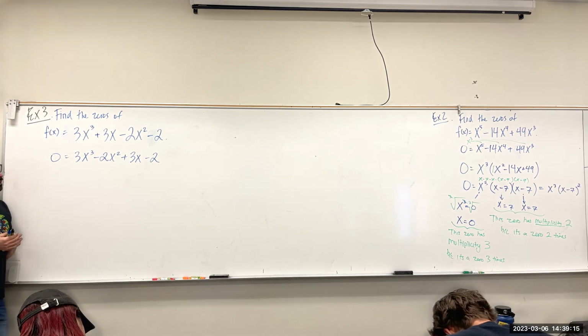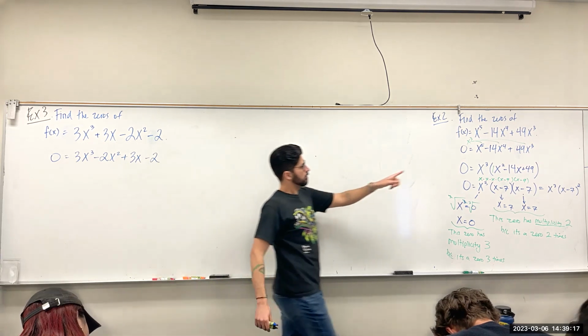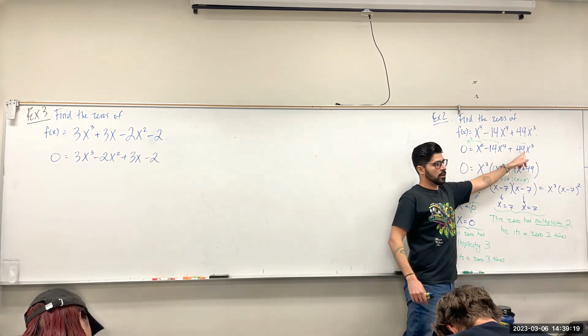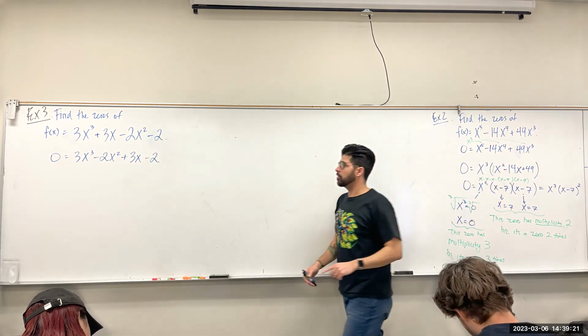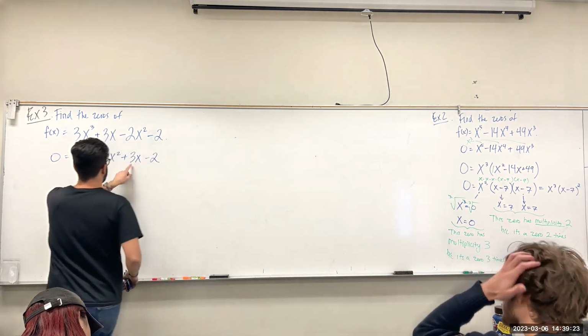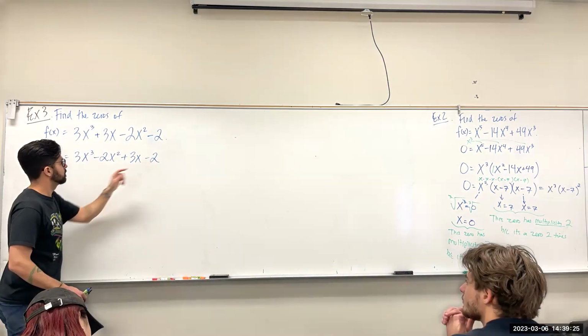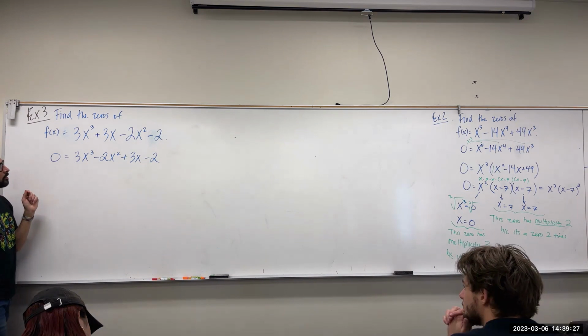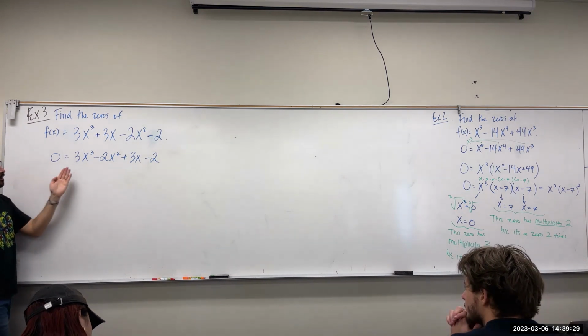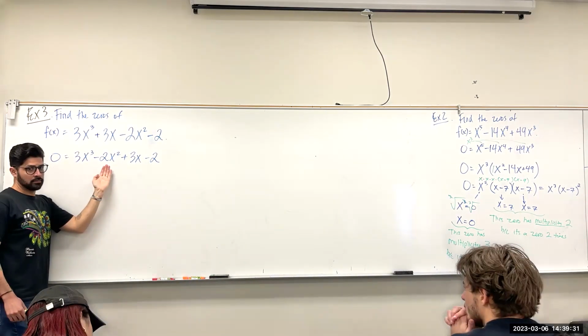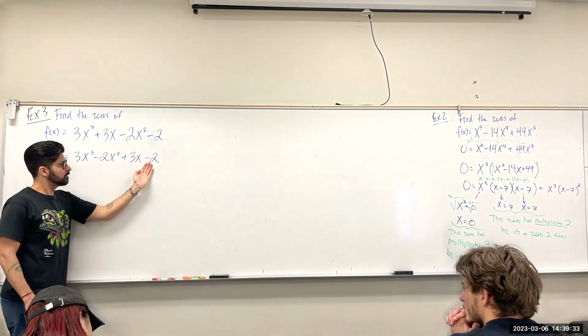All right, let's see, so like the last one, these all had an x cubed in common. Is there a term, a number or an expression that these all have in common? Something that they all have in common. Negative 1?